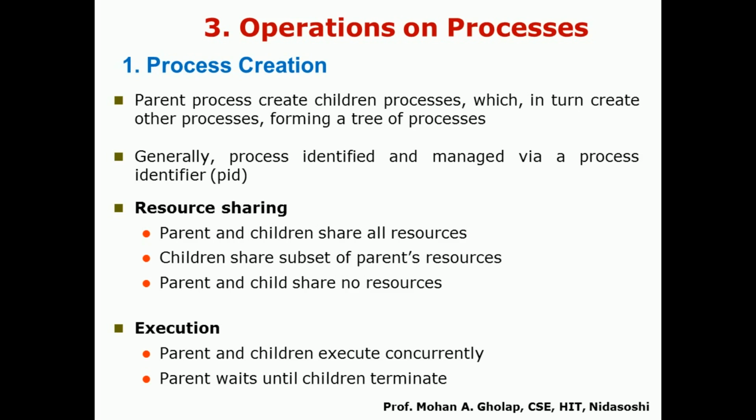The system may have any number of processes, so it is very difficult to deal with processes by their name or nature. That's why processes are identified with a unique identification number given to each process, called the process identifier, that is PID. When we have a number of processes, this PID is very helpful.